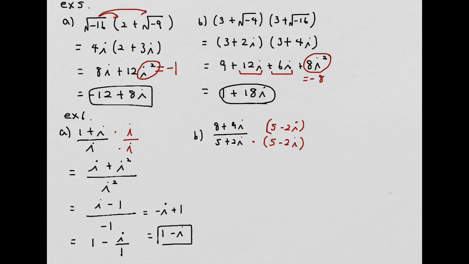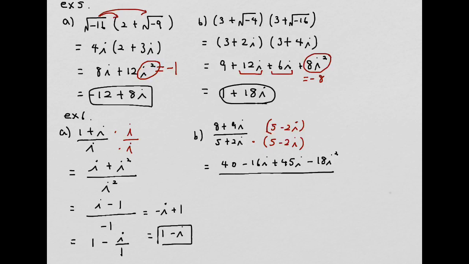Then you need to FOIL the numerator. So you're going to get 40 minus 69, and then plus 45i minus 18i squared on the numerator.